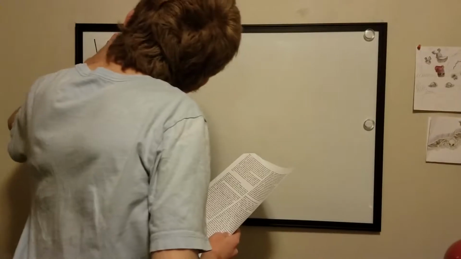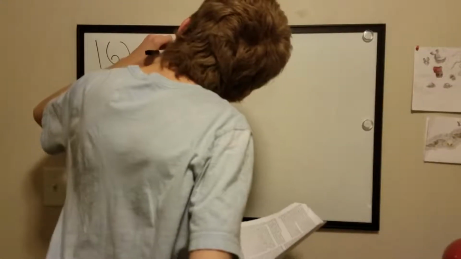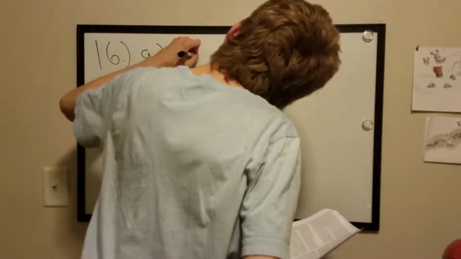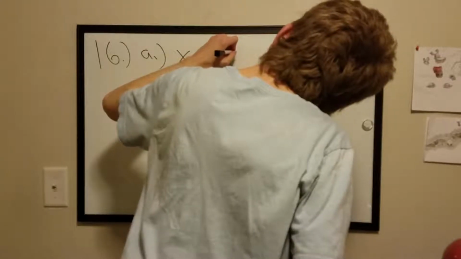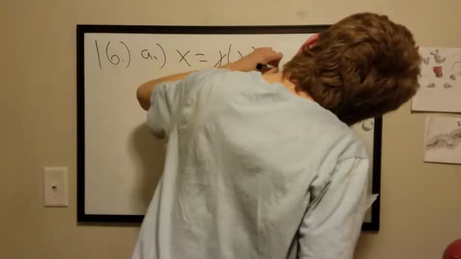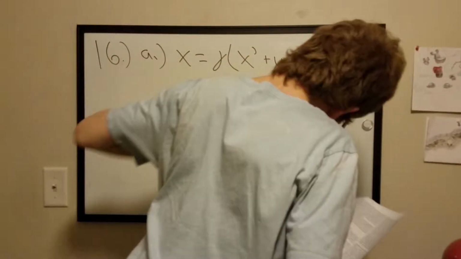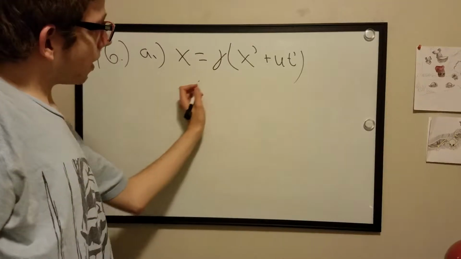So, part A, I have to use those Lorentz transformations. And the equation for this Lorentz transformation for x is equal to gamma times x prime plus u t prime. Alright, so let's find Stanley's x.